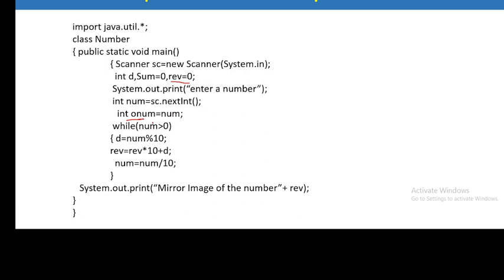Because with the help of this while loop, this number will be updated and ultimately the value of num will become 0. Then we lose the original number. So it is better to store the original value somewhere. So here we have written that original number is equal to number.